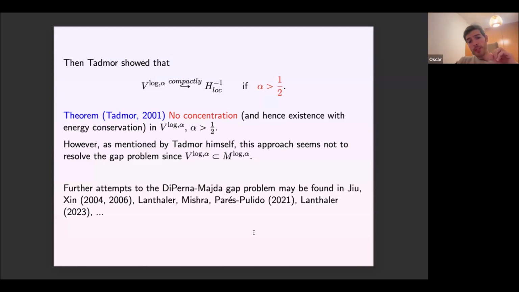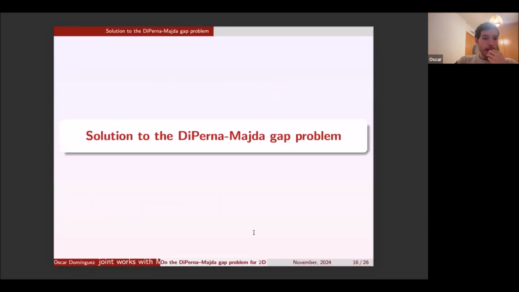So far, all these results try to solve the DiPerna-Majda gap problem in the positive direction, that is, going from obtaining no concentration from alpha below alpha equals 1. Now, today I would like to give you the solution to the DiPerna-Majda gap problem.